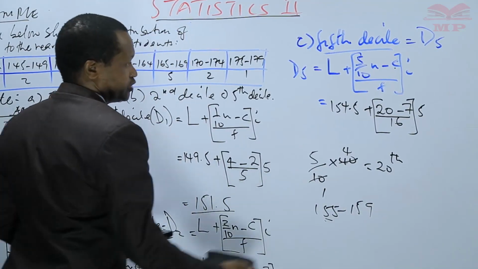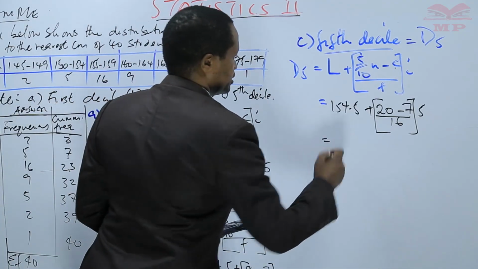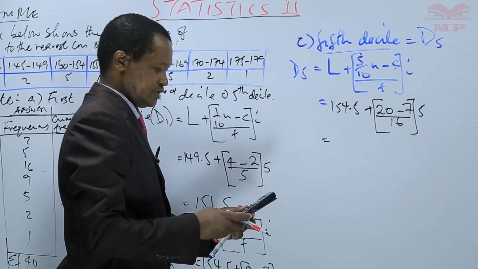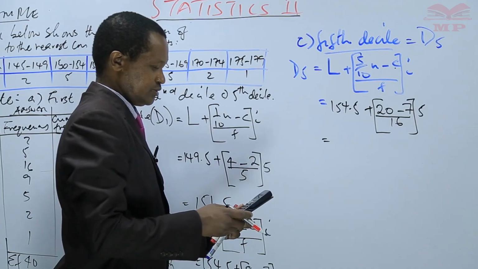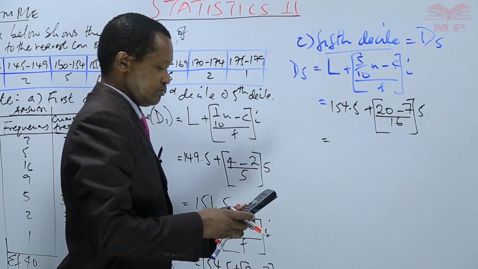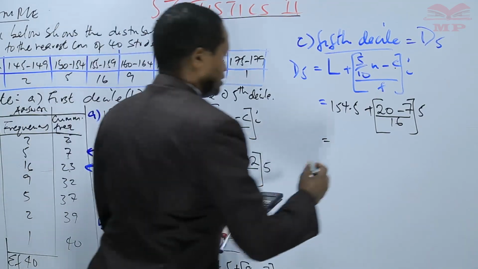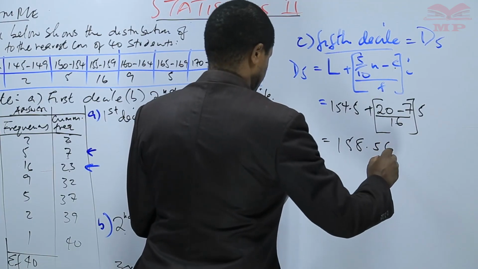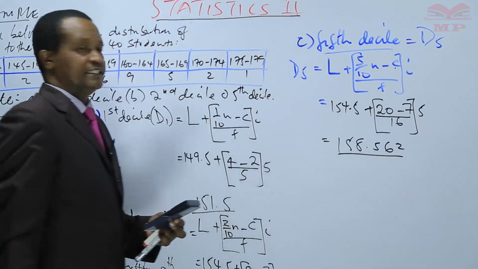So let's do the calculation. 20 minus 7, divide by 16, times 5, plus 154.5. The answer is 158.52. This is the fifth decile.